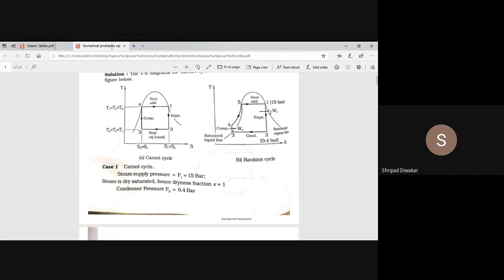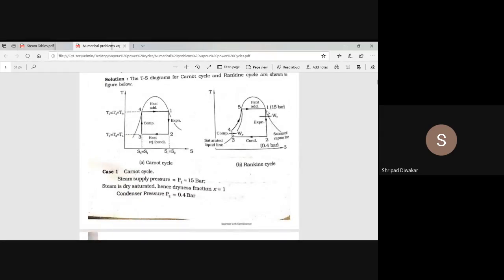The entropy at point 1 is given by 6.4406. So corresponding to a pressure of 15 bar we are getting the entropy as 6.44 from steam tables, and the entropy at 1 is the same as the entropy at 2, because it is a constant vertical line. So S1 and S2 are the same. S1 at 15 bar is 6.44 from steam tables, and the same value you write as S2. S2 equals 6.44 kilojoules per kg.